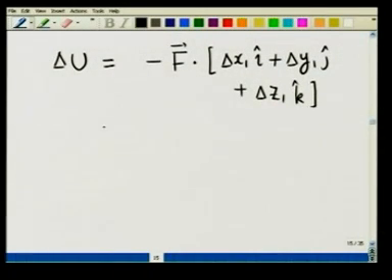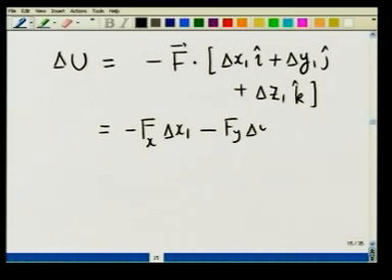And therefore, I could write this as minus fx delta x1 minus fy delta y1 minus fz delta z1.